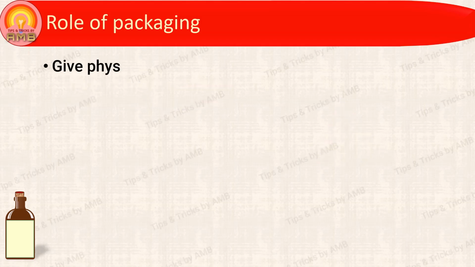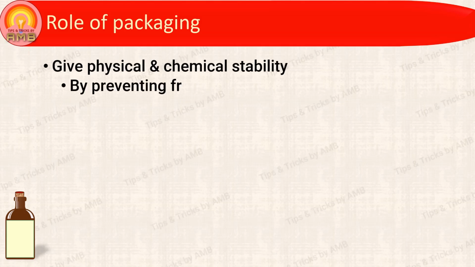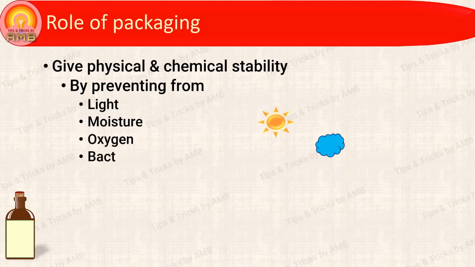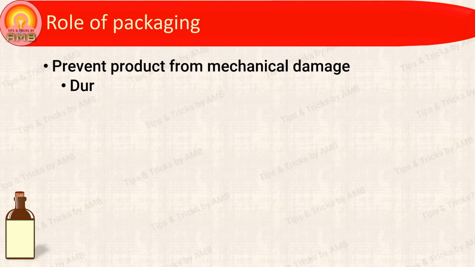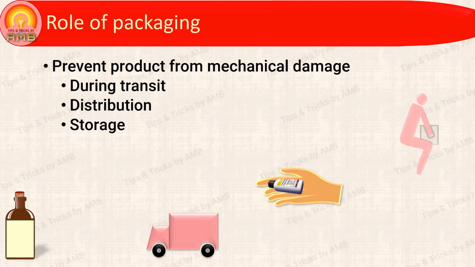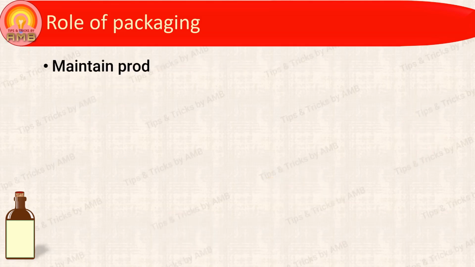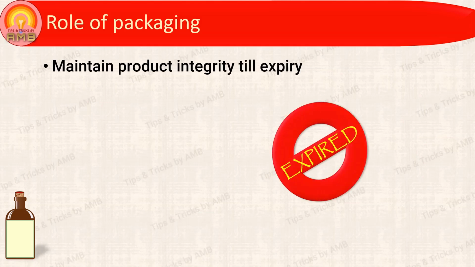It gives physical and chemical stability to the medicine by preventing exposure to light, moisture, oxygen, bacteria, volatiles, etc. It also prevents the product from mechanical trauma and damage during transit, distribution, and storage of the product. It also maintains product integrity until its use or the expiry date stated on the label.